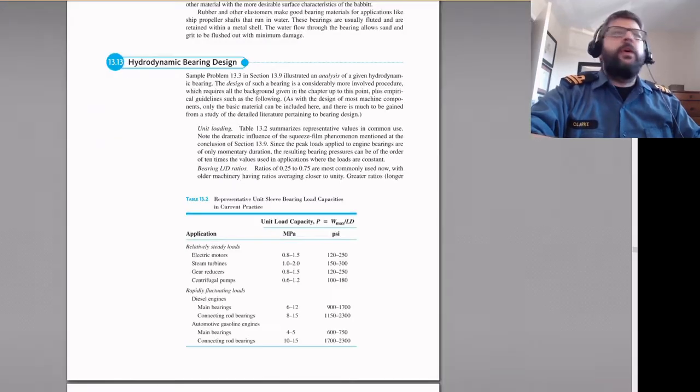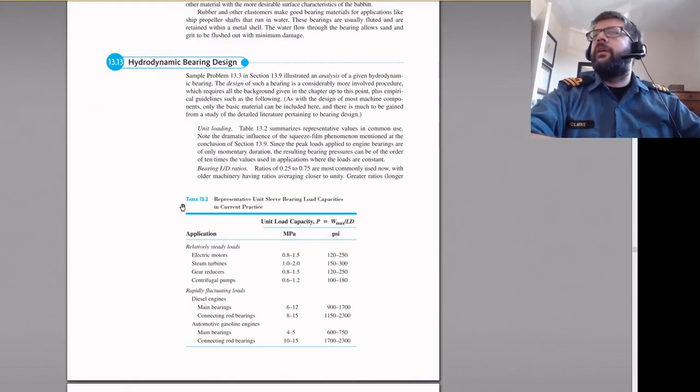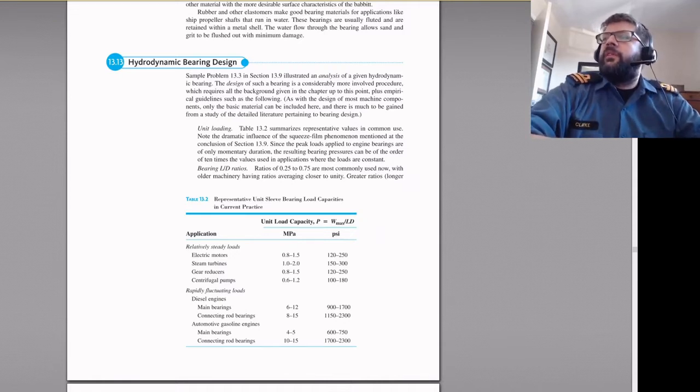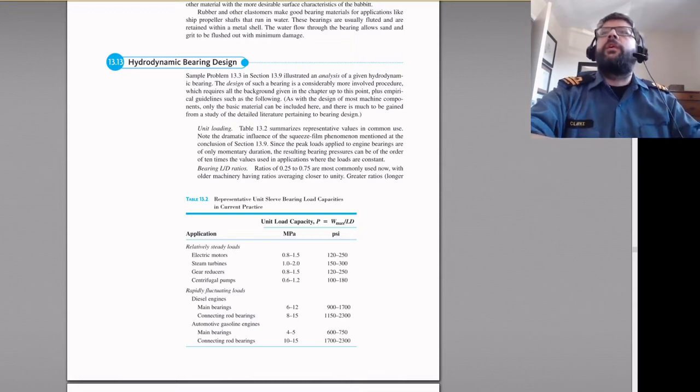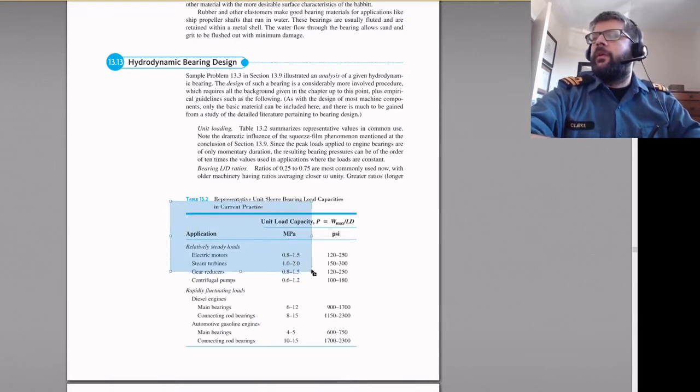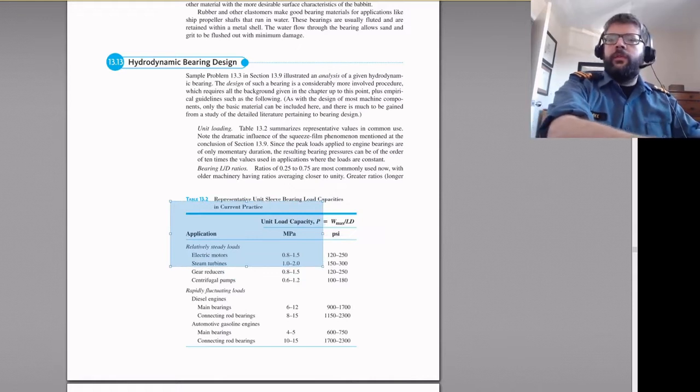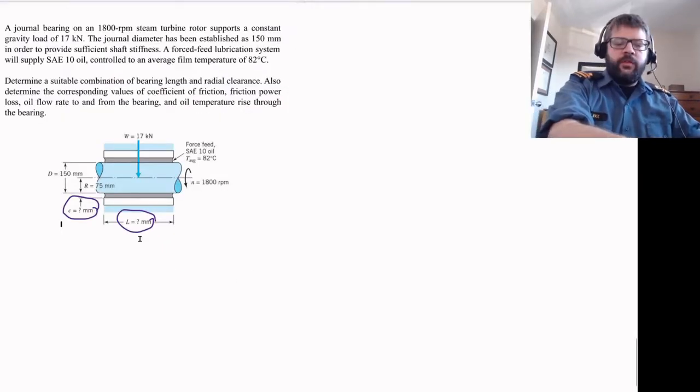So if we go back to this chart here, typical unit load capacity in current practice for different applications. If we're working with steam turbines, they typically work with a load capacity in the 1 to 2 megapascal range.